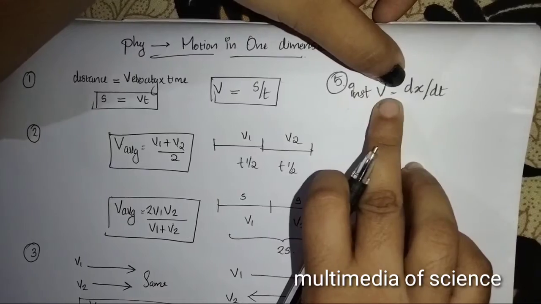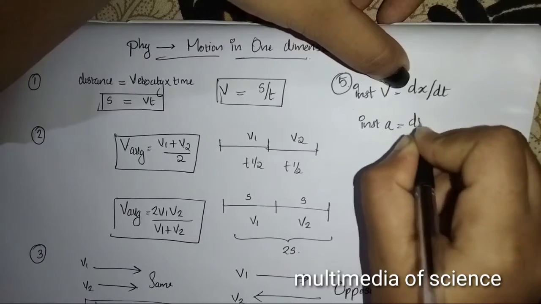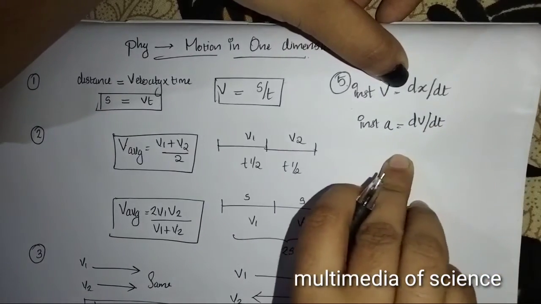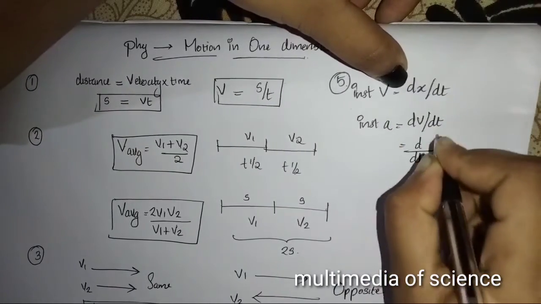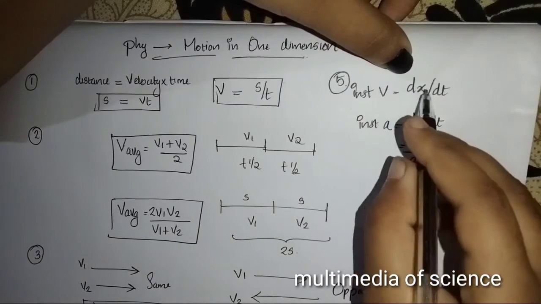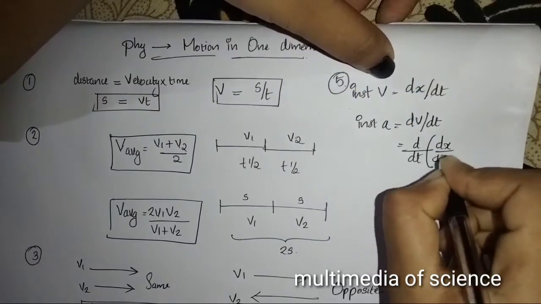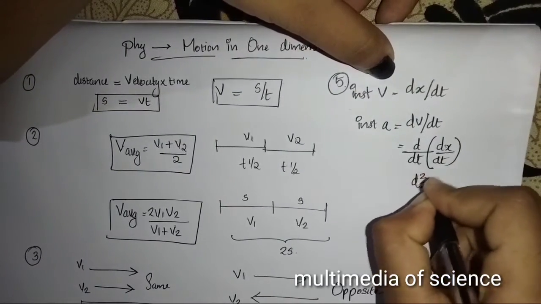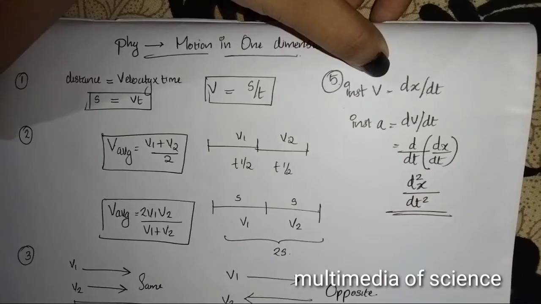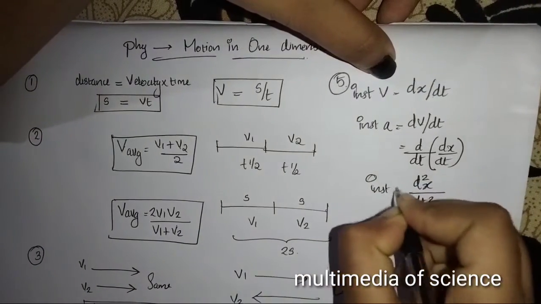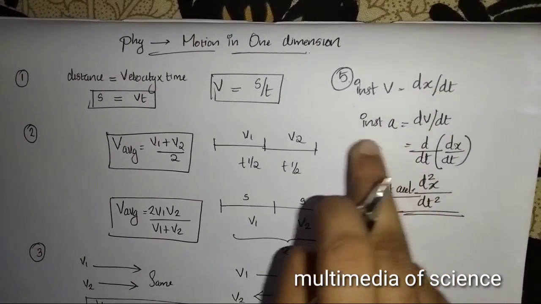So instantaneous velocity is equal to dx by dt, and instantaneous acceleration is equal to dv by dt, or we can write this as d by dt of v, where v is dx by dt. Substituting this v here, we get d square x by dt square. Clear? This is the equation for instantaneous acceleration. This is our fifth point.